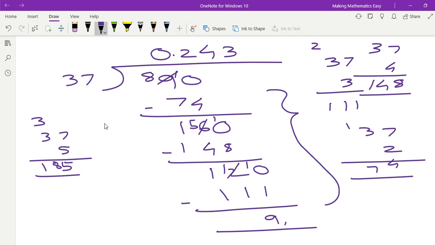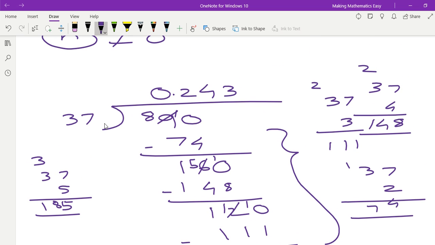So this number will repeat as it is: 0.243, 243, 243, 243, never ending. So we can put a bar on this number, which will indicate that this number is going to repeat after the decimal point: 0.243, 243, 243, and so on. So that's it, this is your answer for sum number 1.